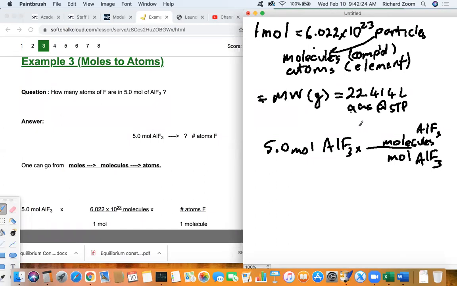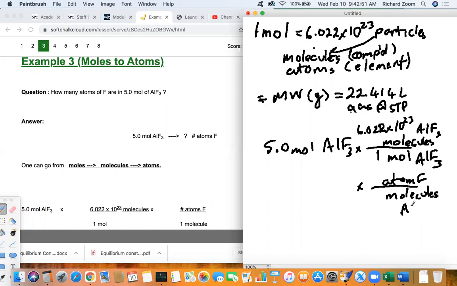We need molecules first. And if we look above there, you can see that the relationship is 6.022 times 10 to the 23 over 1 mole, and that's times. And then we need atoms of F, and that's from molecules of AlF3. See, there was no way that we could go directly to atoms of F here.